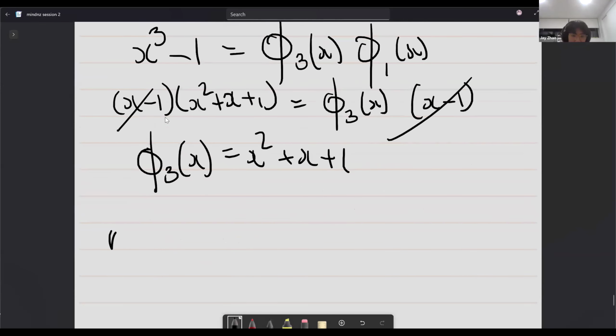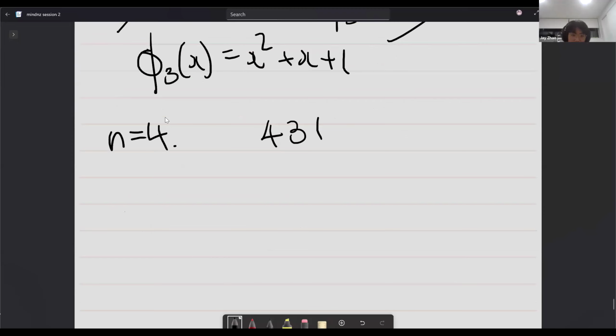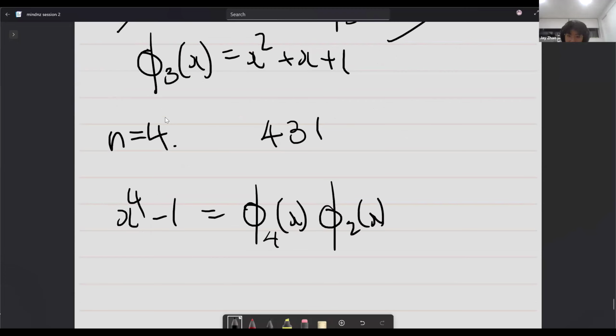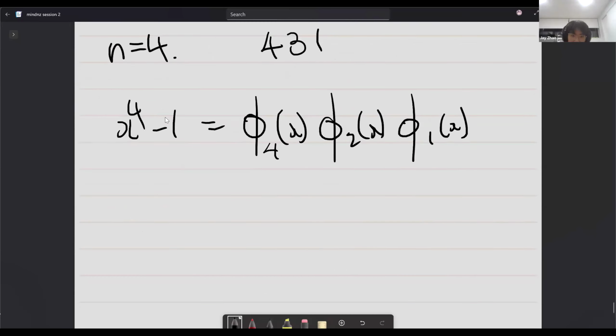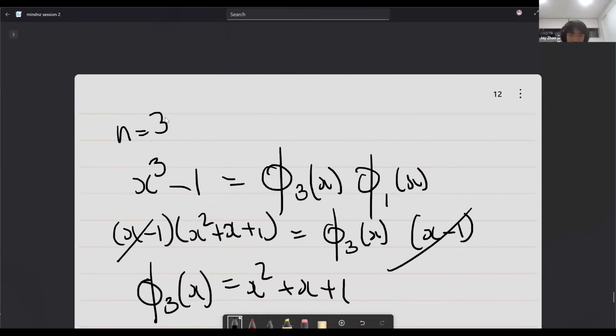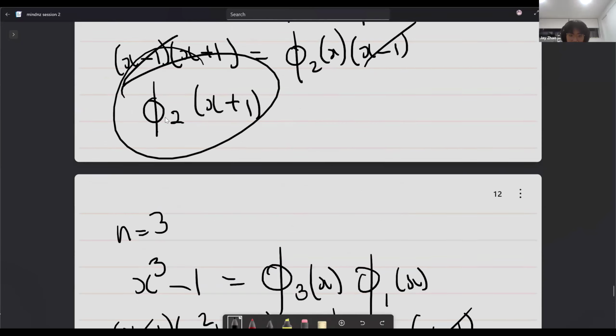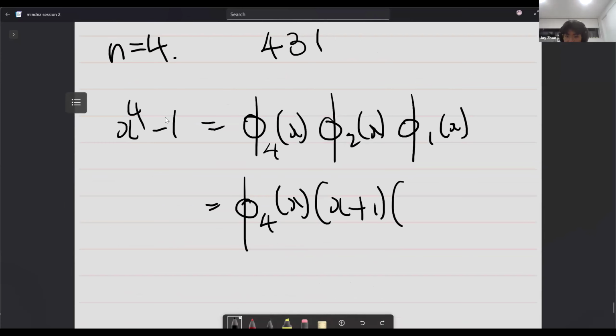And now n equals 4, it gets different because 4 has 3 factors, which are 4, 2, and 1. So x^4 minus 1 is equal to phi of 4 of x, phi of 2 of x, phi of 1 of x, which is equal to x plus 1 from back up here, and x minus 1.